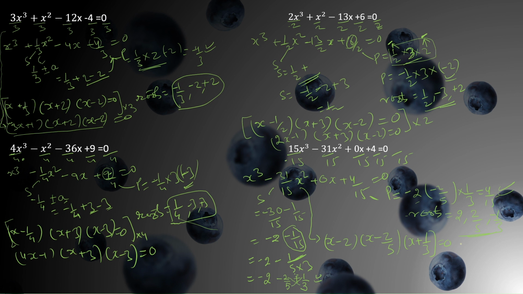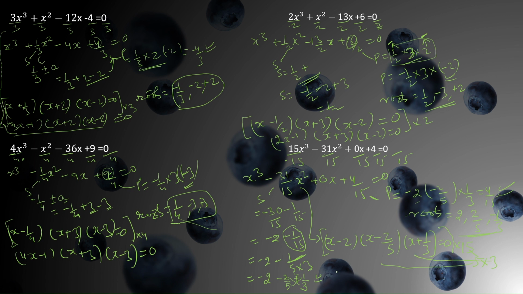So roots can be 2, 2 by 5 and minus 1 by 3, and this equation can be written in the form of factors like x minus 2, x minus 2 by 5 and x plus 1 by 3.